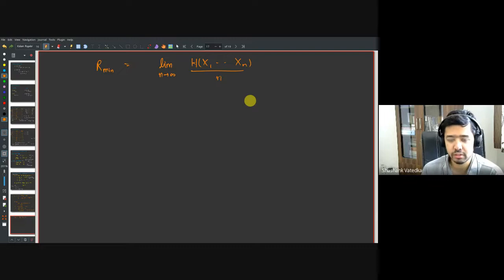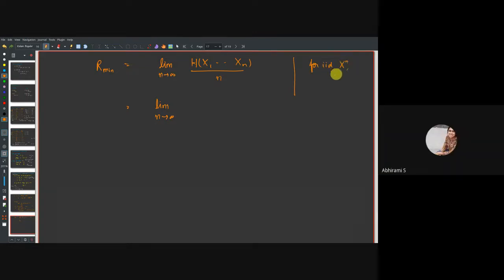And in particular, an IID sequence is also stationary and ergodic, so it should hold for IID as well. All right. So what can you say about h of x1 through xn for an IID sequence? N into h of x1.